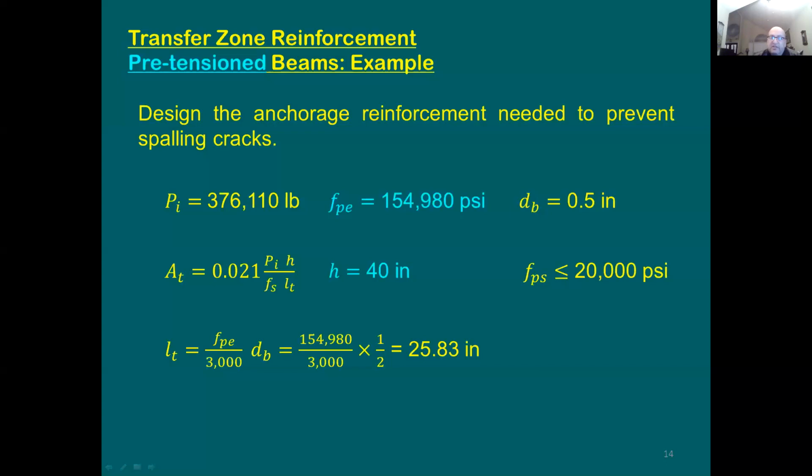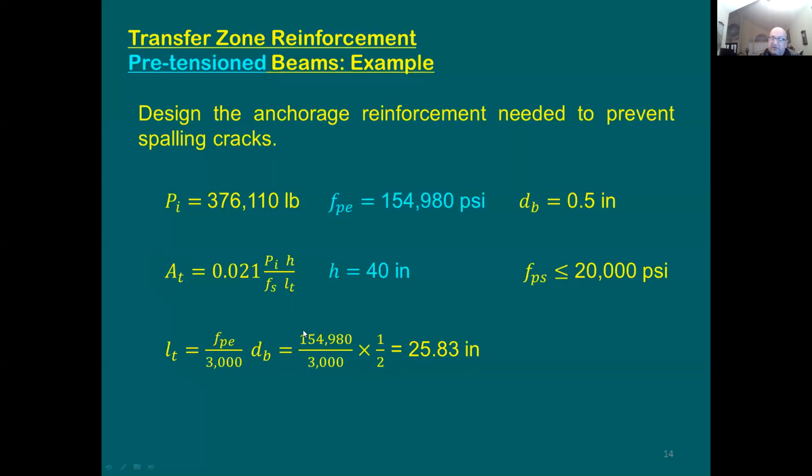I have this equation here for the transfer length, which is based on F sub PE. As you see here at the bottom, it says F sub PE divided by 3,000 times d sub b. You note here that I don't really need to find out L sub D. It's going to be just L sub T, which is the transfer length, because this is what I have in this equation to determine the amount of ties.